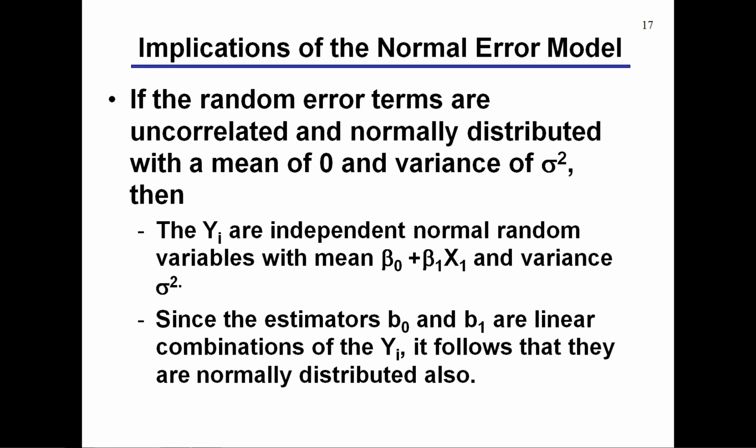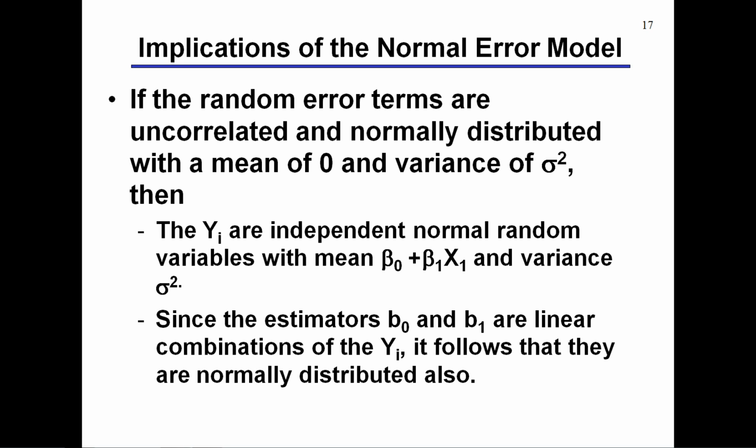As I mentioned, if the random error terms are uncorrelated and normally distributed, then the y sub i take their distribution from the random error terms, because beta 0 and beta 1 and x sub i, they're just numbers. So y sub i takes its distributional behavior from the random error terms. If the random error terms are normally distributed, the y sub i are normally distributed.